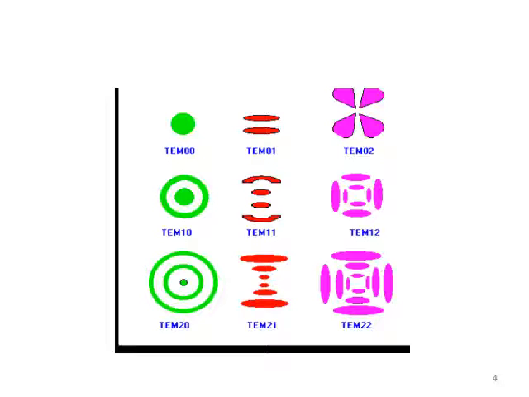We use the term TEM_PQ to specify a transverse mode, where P is the number of radial zero fields and Q is the number of angular zero fields, and we usually use PQ to specify a transverse mode without the third index. A table of TEM patterns is shown below.